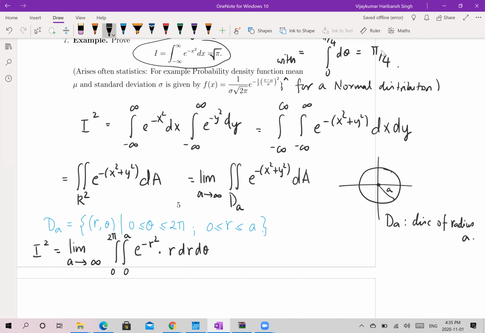Now I just want to show you that you can also break the integral in this case. So this is going to be the integral from 0 to 2 pi of d theta, times the integral from 0 to A of e to the power minus r square r dr, limit as A goes to infinity. So you can break it like that.